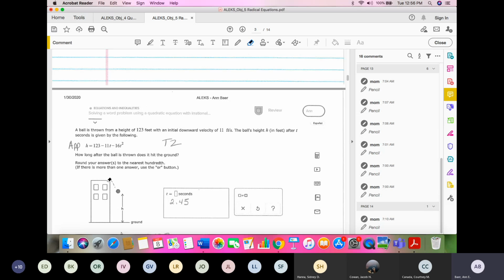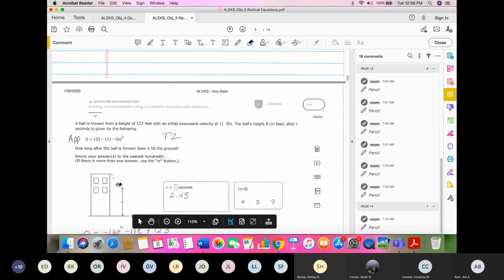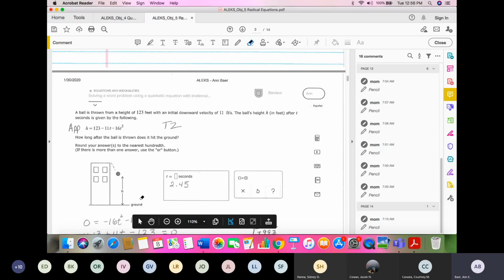So it's thrown off this building. How long after the ball is thrown does it hit the ground? So let me ask you, what are we looking for here? How long after the ball is thrown does it hit the ground?